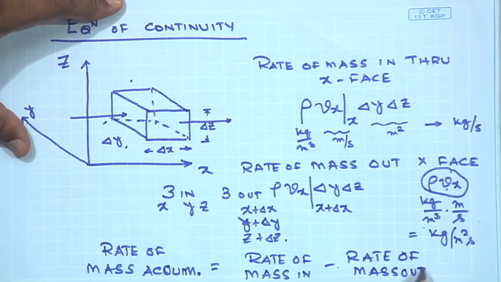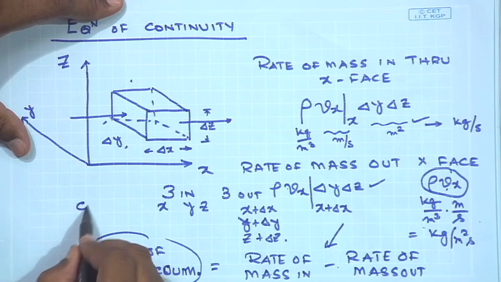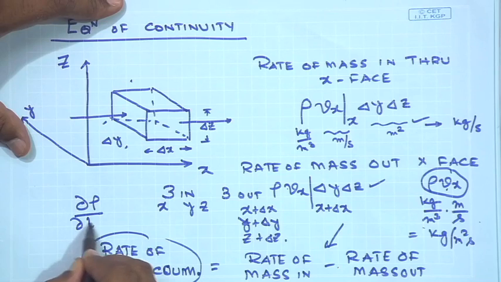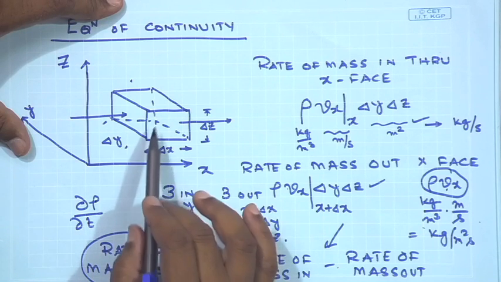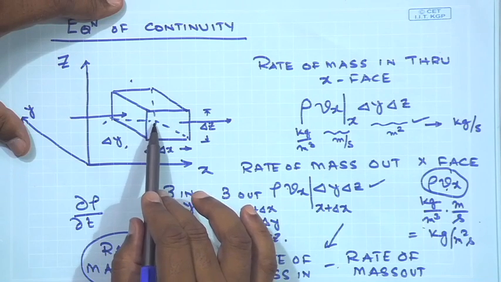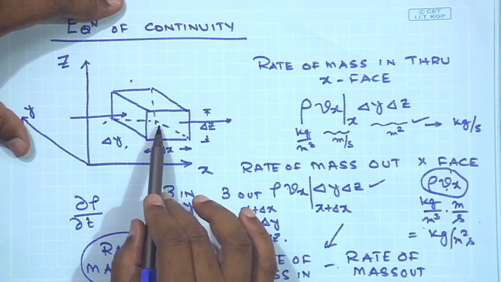So, if I substitute these two in here and think of what is the rate of mass accumulation: in order to have a mass accumulation inside the system, the density of it must change. So, this is del rho del t, the change in density of the fluid contained within the control volume.